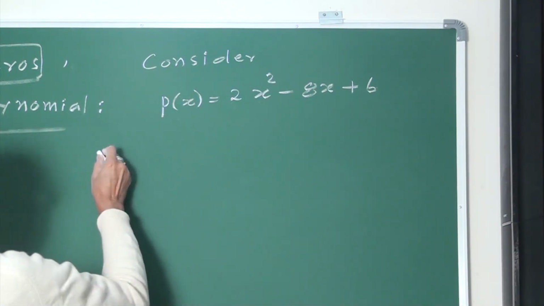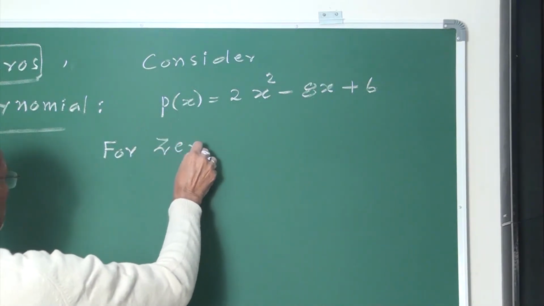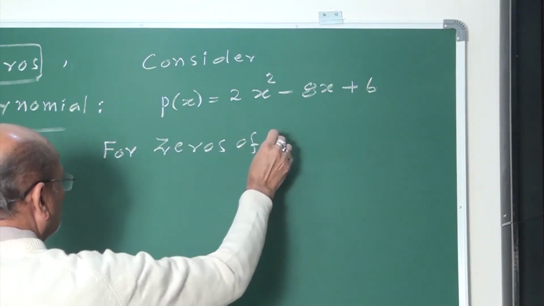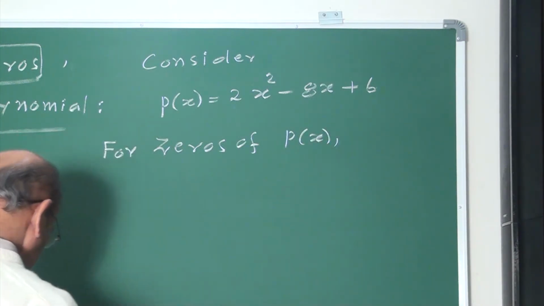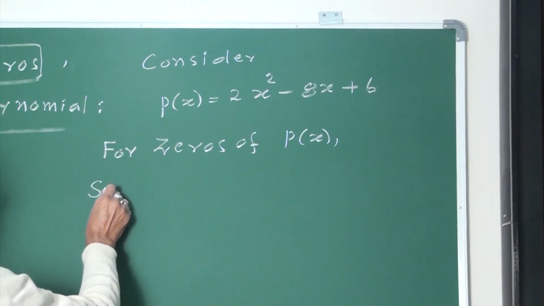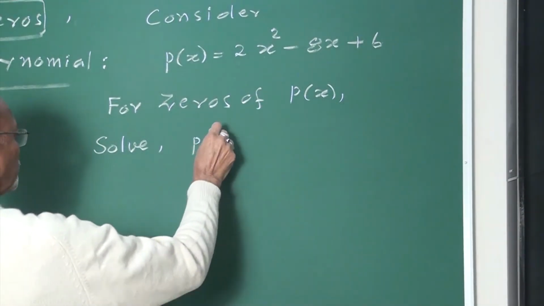Then, my friends, for zeros of p(x), solve the equation p(x) equal to 0.